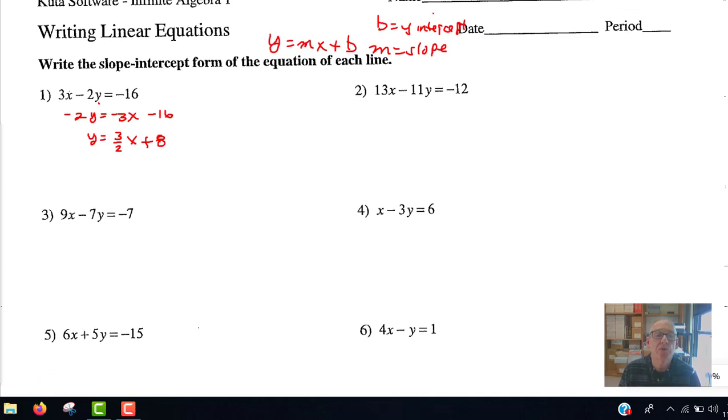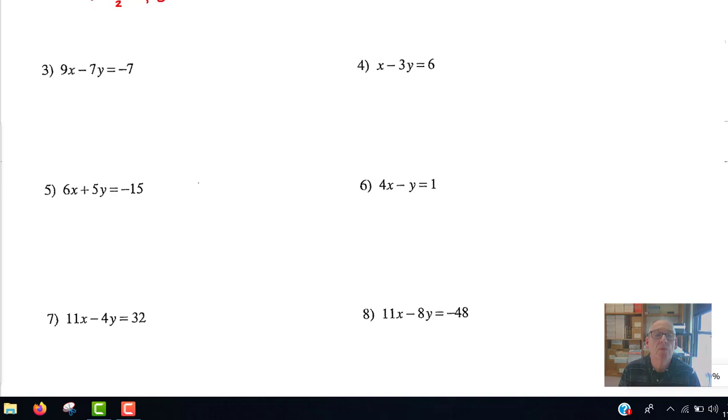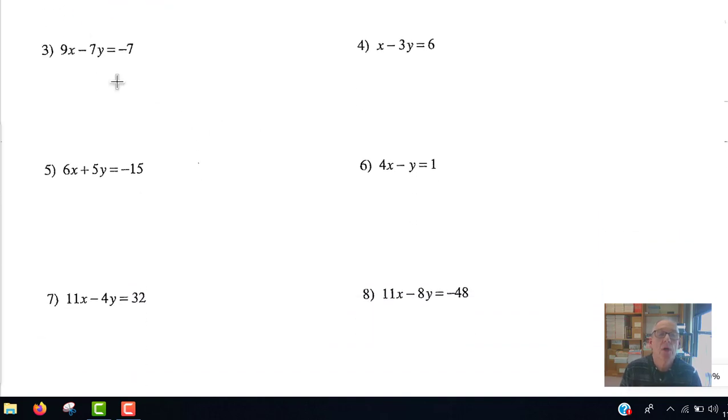Let's look at number 3. We want to solve again for y. The 9x needs to move to the other side, becomes a negative 9x. So we have negative 7y is equal to negative 9x minus 7.